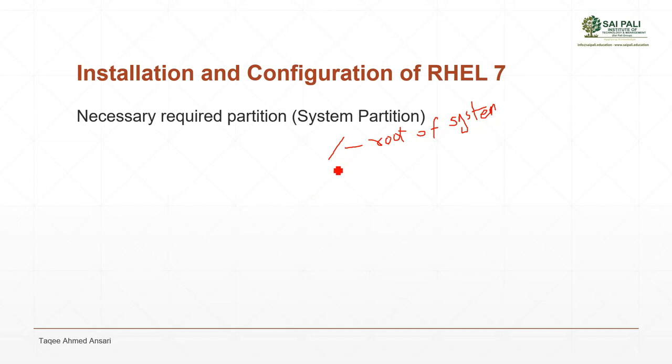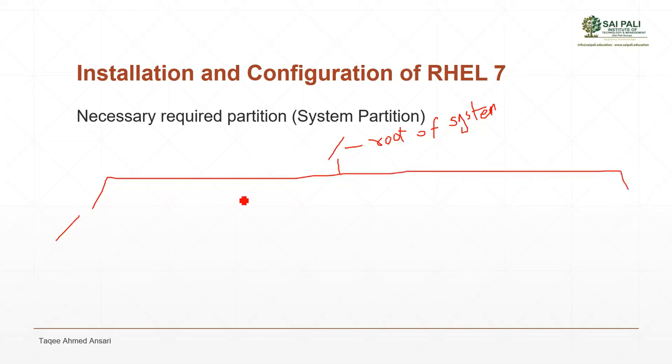That means this is your main directory. Now all your system directories and all your other directories are inside this one. When you open this, you will see other directories inside it. Under slash, you will see the boot directory.